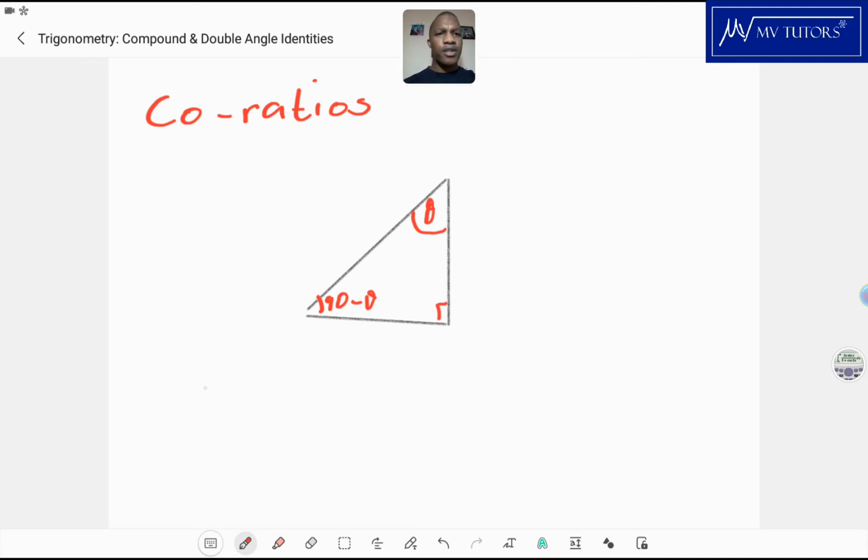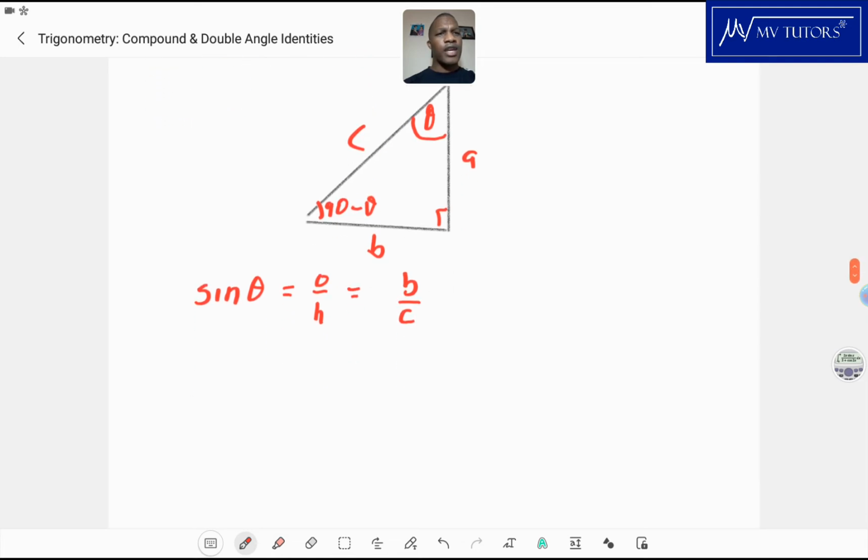Now watch what happens carefully. If I say to you sine theta, okay, let's say that's A, that's B, that's C. Sine theta is opposite over hypotenuse. Now opposite of theta is B, and the hypotenuse is C. And then I say to you cos, what's cos 90 minus theta?